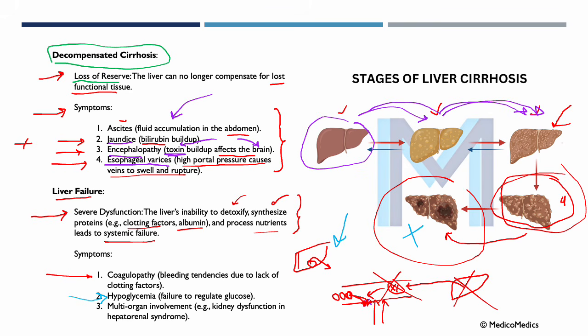And when it does, we can then utilize that to get our blood glucose level back to normal. And as we eat nutrients, this storing of glucose continues. But again, liver failure means that we've also lost this function. And of course, we will see multi-organ involvement, like kidney dysfunction in hepatorenal syndrome, for example.